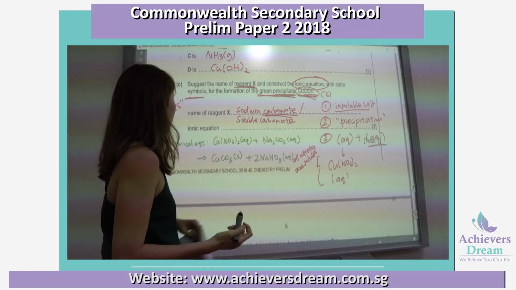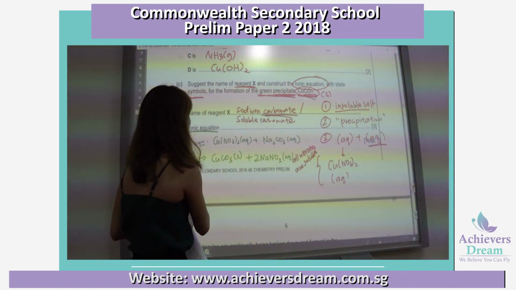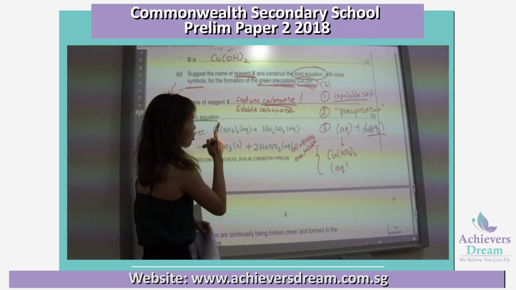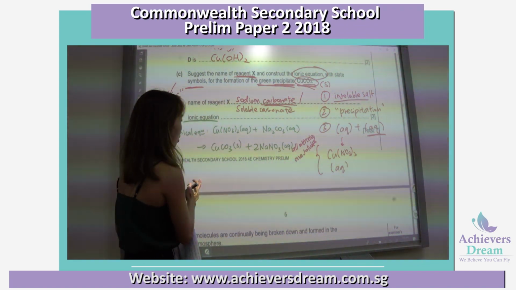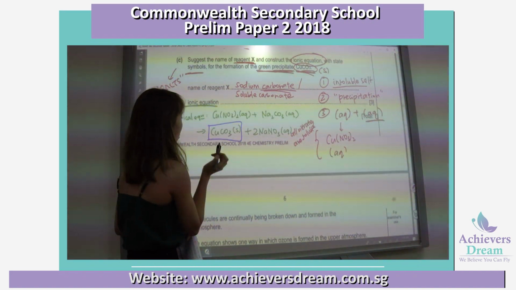Correct? This is the chemical equation. So remember how we form the ionic equation? There are two rules to follow. The first rule is that anything that's not in the aqueous state, we don't touch. So in this case, it is copper 2 carbonate, so I don't touch.